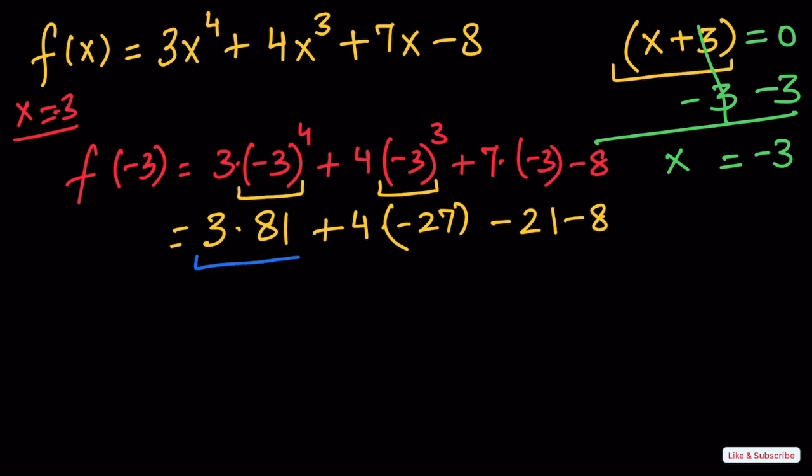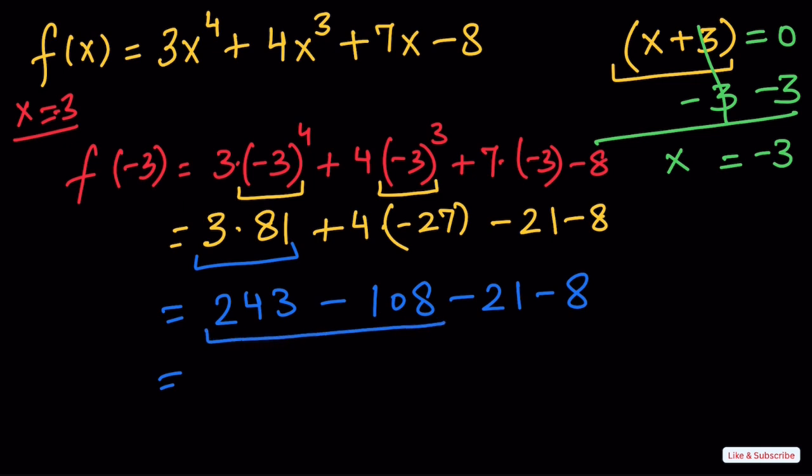Solving it further. 3 times 81, that's 243. Now 4 times negative 27, that is negative 108 minus 21 minus 8. Now what's 243 minus 108? 200 minus 100, that's 100, and 43 minus 8, that gives me 35.